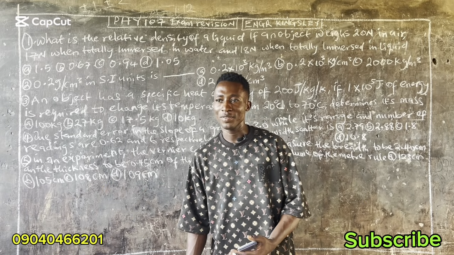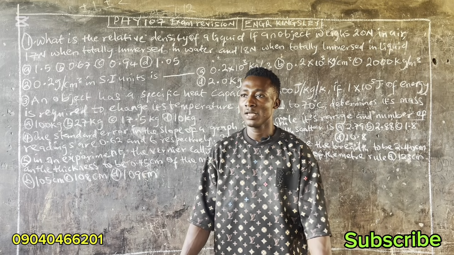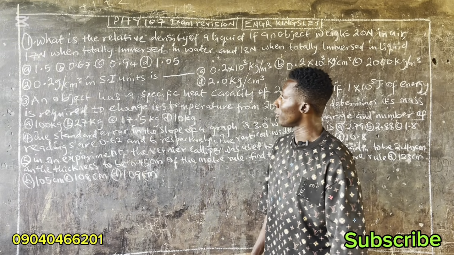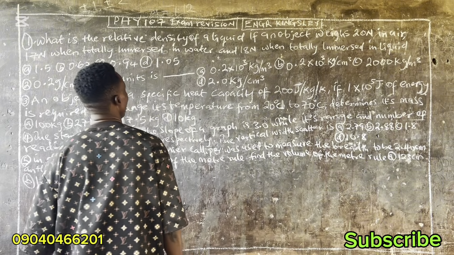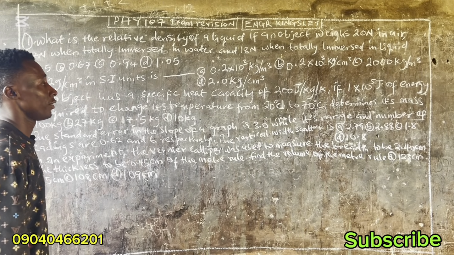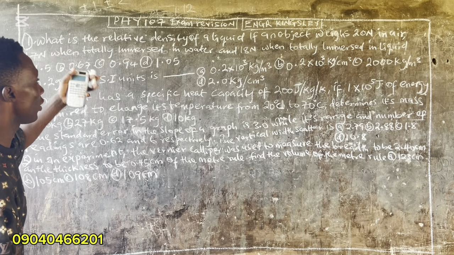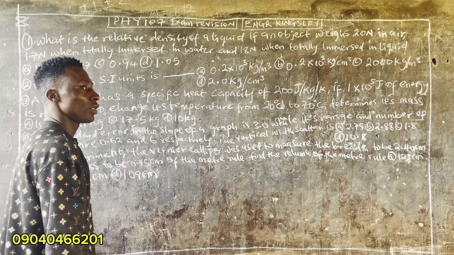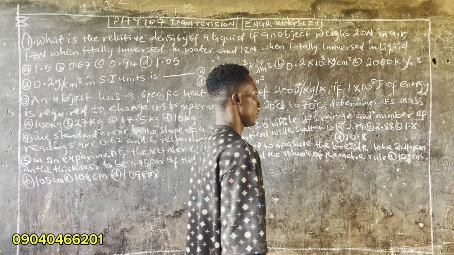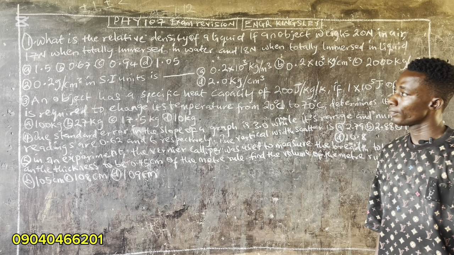Okay, in today's episode on Learn with Engineer Kinsley, we are going to be doing revision on practical physics, code physics 107. Let's get ready for some exam tips. We are going to be solving some massive questions, calculations, and theory questions involved in this particular course.